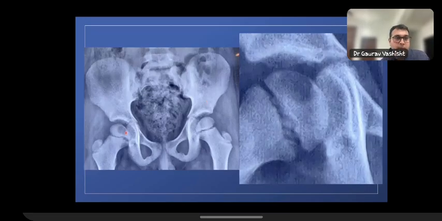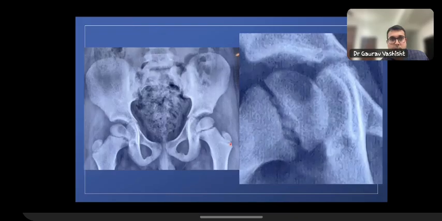So we have a well-defined lucent lesion in the right femoral epiphysis, and there's not much bone destruction which I see in the adjoining areas. Okay, and on focusing well, we could see that there are tiny specks of calcification within, which describes it to be a chondroid lesion.